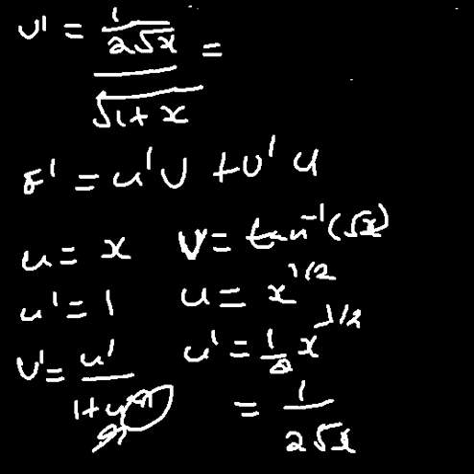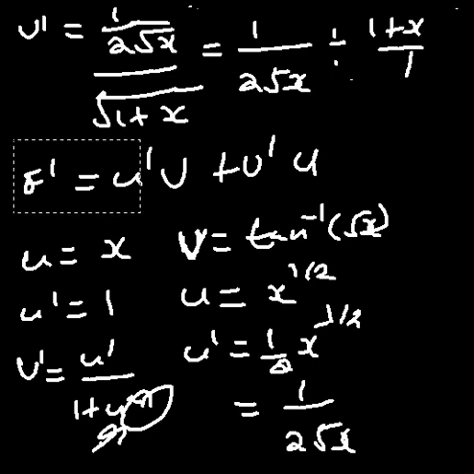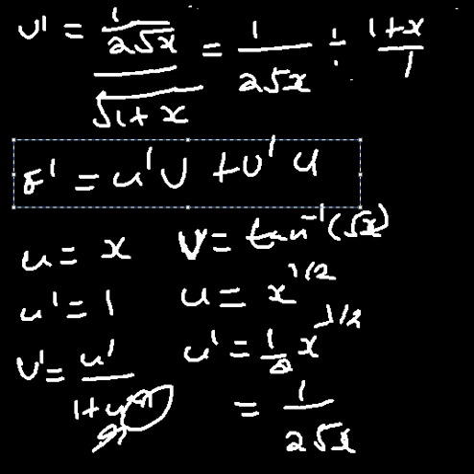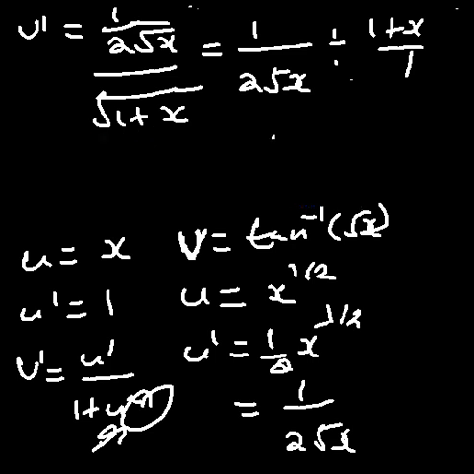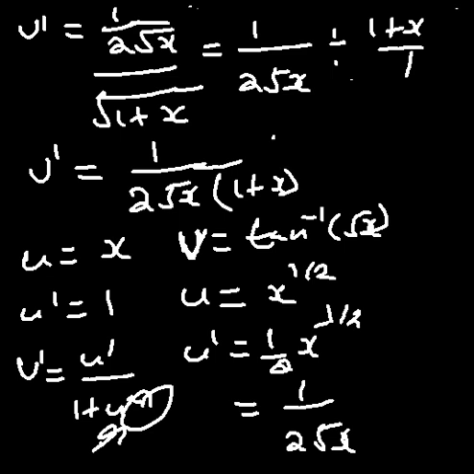Now this is the same as having 1 over 2 square root of x, divided by 1 plus x over 1, which is the same as v prime is equal to 1 over 2 root x times 1 plus x, that way.